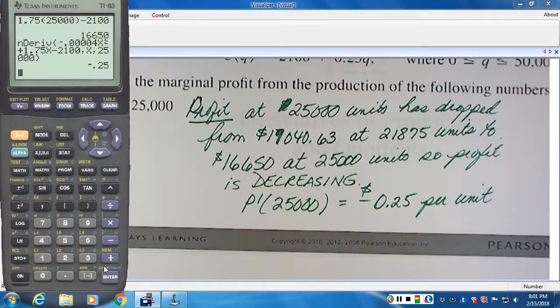X. Let's see. Put X right there, right? And then I plug in this. Except that it needs to be in terms of X, yes.